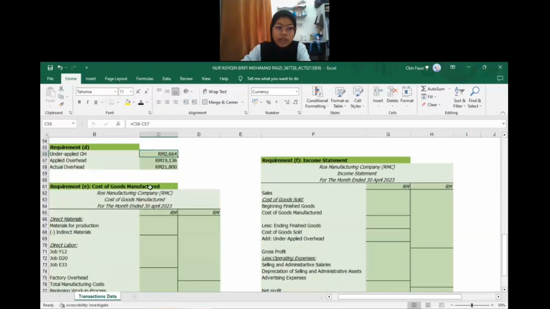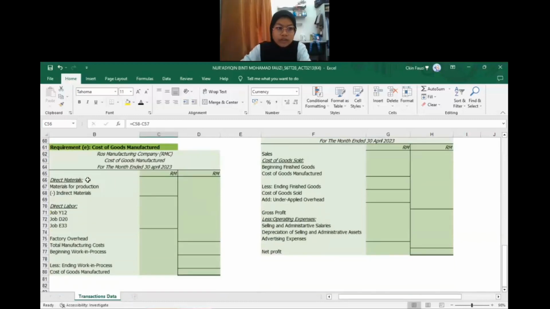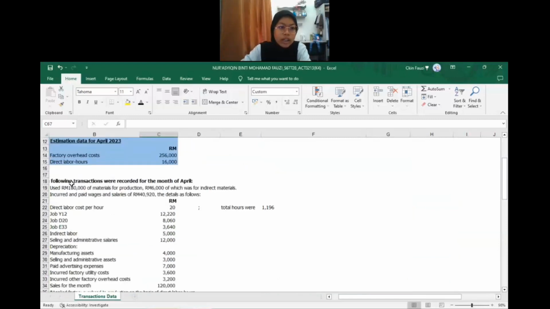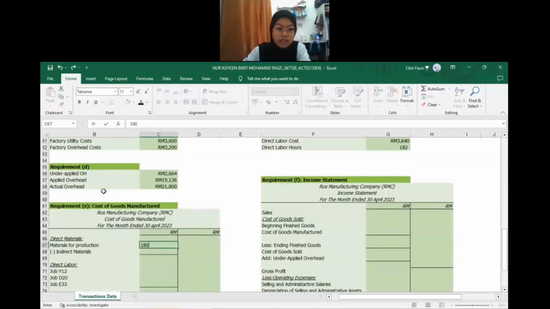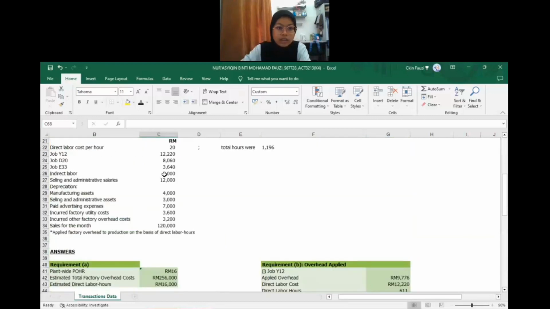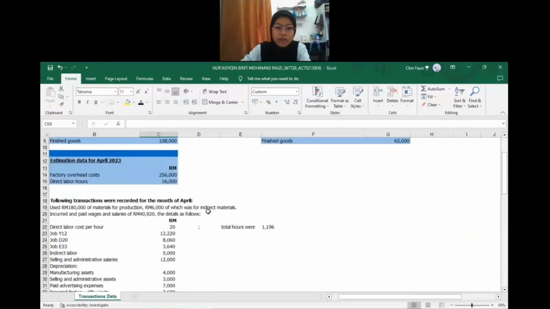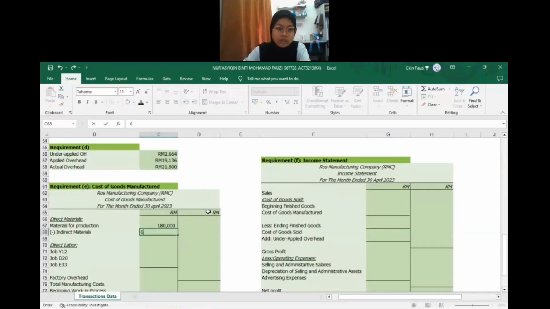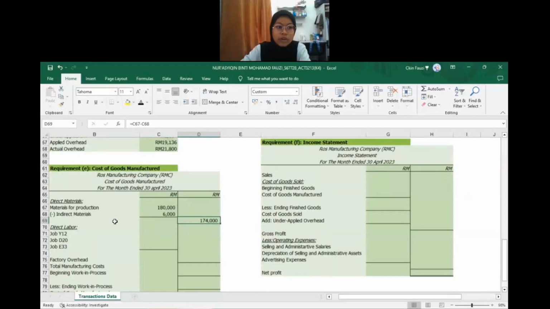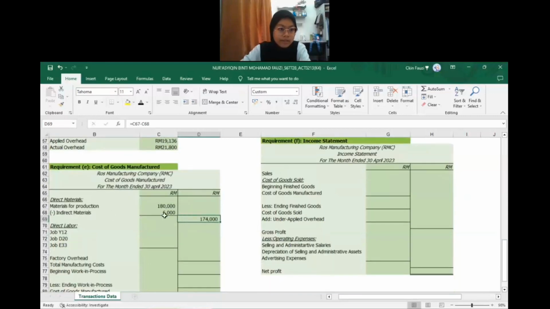Next, question E, required to find cost of goods manufactured. First, we find the direct materials. For direct materials, equation given: 180,000 materials used minus the indirect materials given, 6,000 ringgit. So minus 6,000. Okay, 1,074,000 for direct materials.